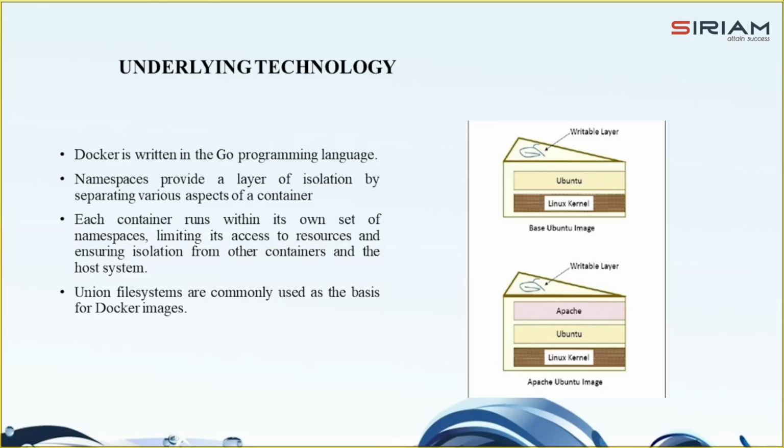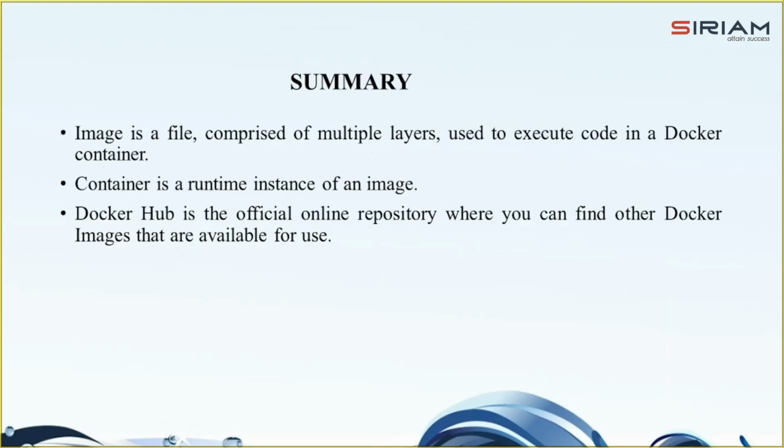So this is all about the underlying technology of Docker. In this chapter, we have studied images, which are read-only templates, and containers, and also Docker Hub, the private or public repository that we can use, right?